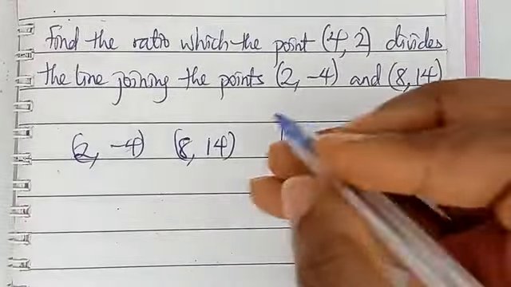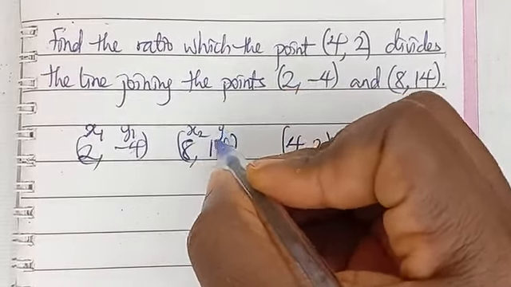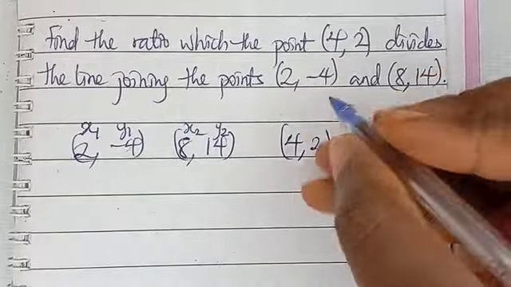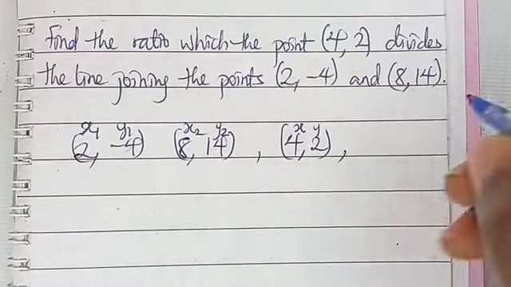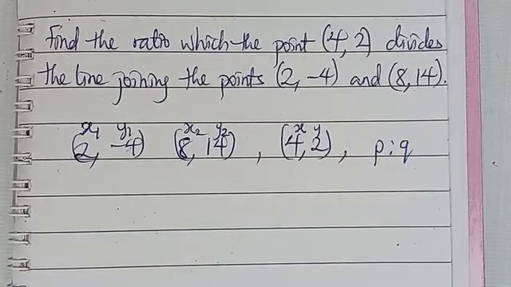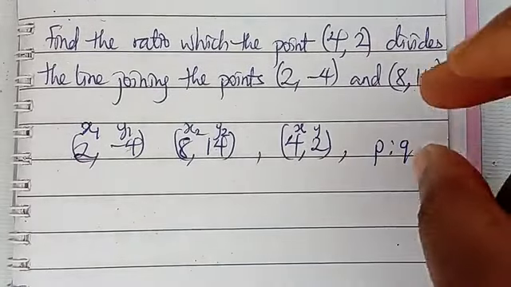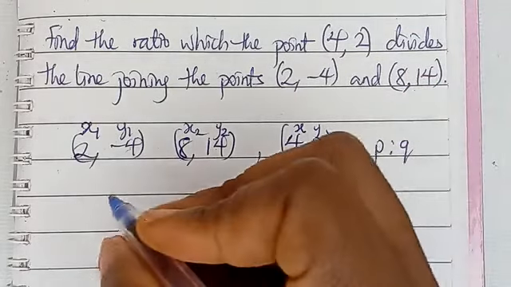Why I wrote it out here is so that when we name this one x1, y1, and this x2, y2, then we remember that the coordinates of the point are represented by x and y. So what we've been asked to find is p is to q. That's the ratio of the line. Good. Now we are going to write out the formula.